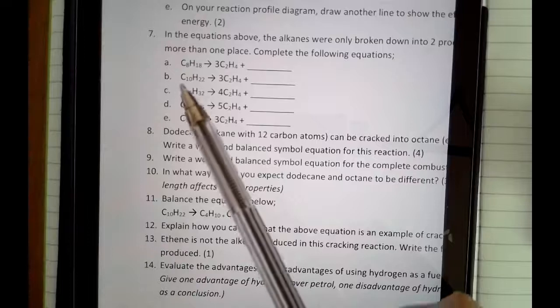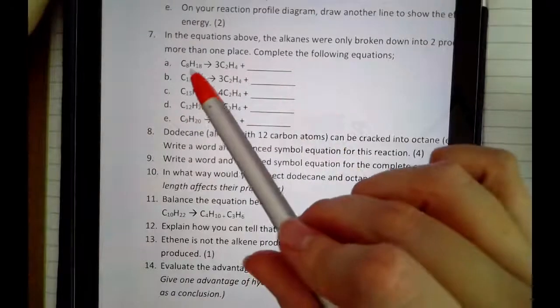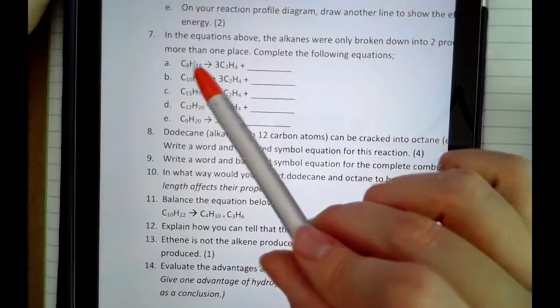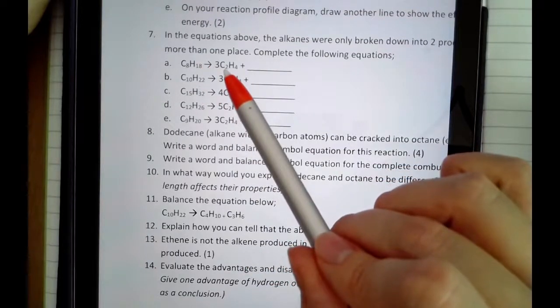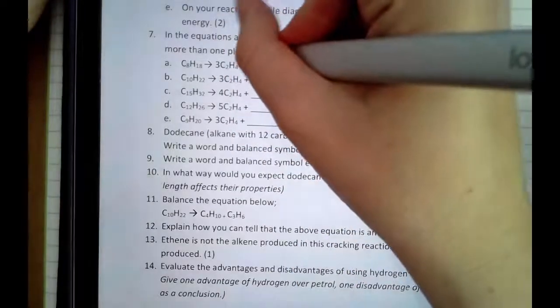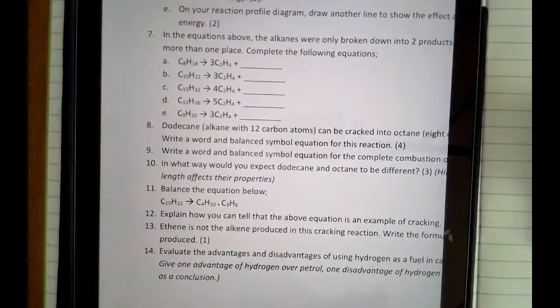You have got to have the same number of carbons and hydrogens on each side. So if I look at this, I have got 8 carbons on the left-hand side. On the right-hand side, I currently have 3 multiplied by 2, 6 carbons, which means the other product must have the remaining 2 carbons.